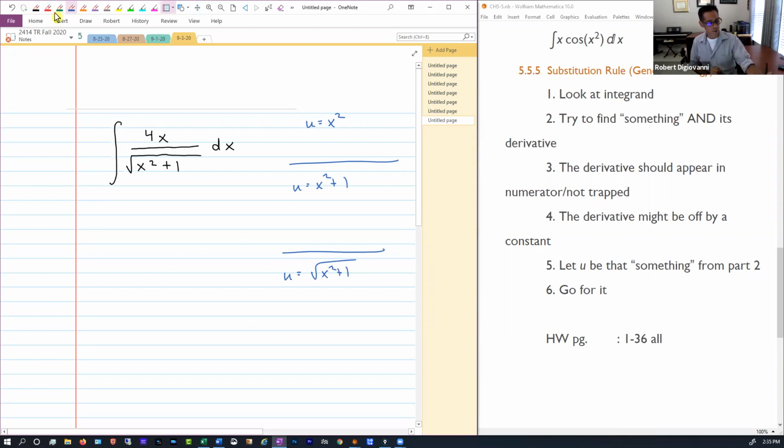Well, think about the derivatives of these. du/dx here would be 2x. Here, still 2x. But the derivative here would be chain rule, like 1 over 2 roots of x squared plus 1 times 2x. So that would be too much. If I let that be my something, its derivative is too complicated.